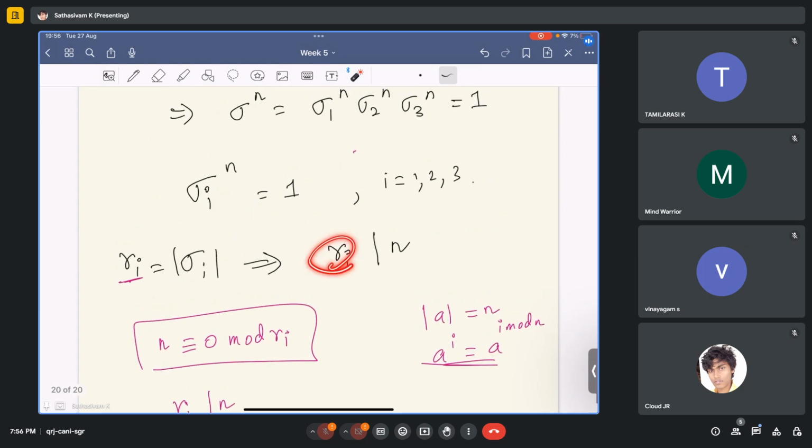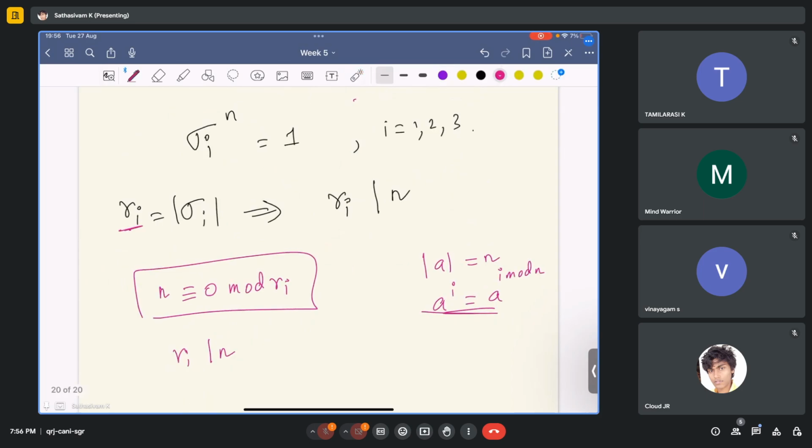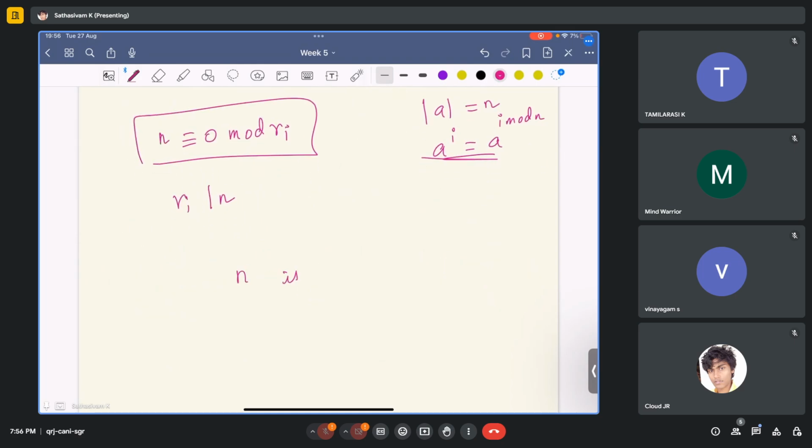So in particular, all the Ri divide n. That means what? That means n is a common multiple of R1, R2, R3.